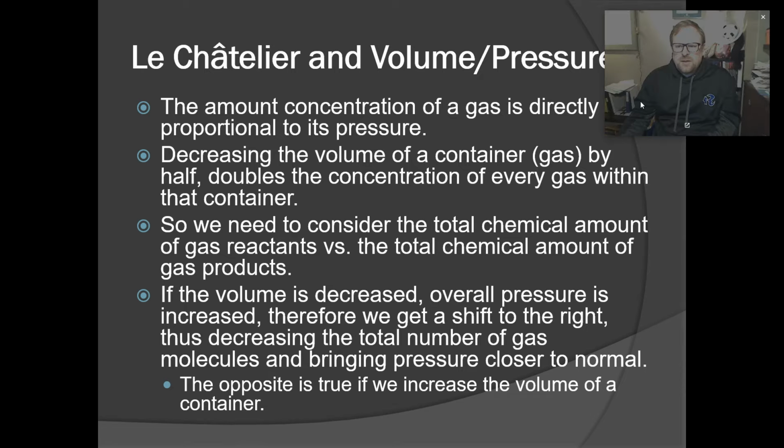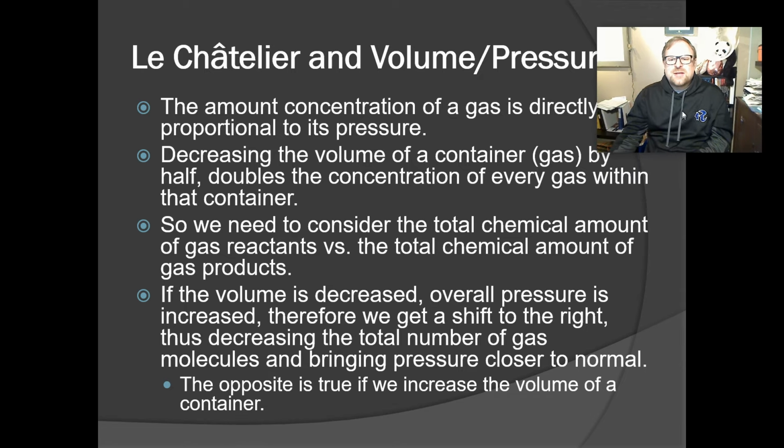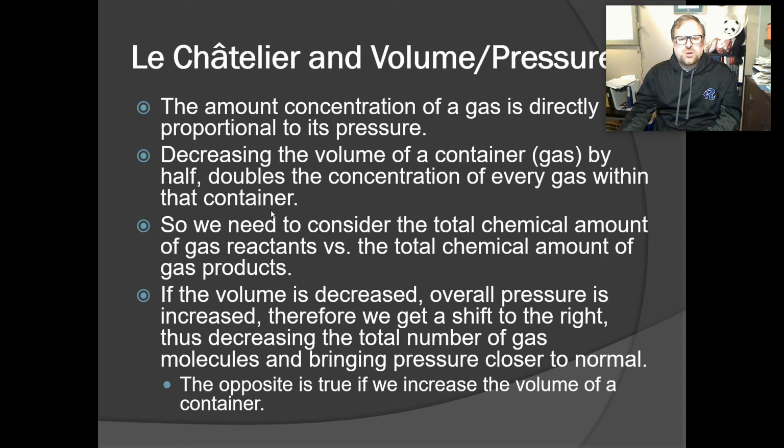So the concentration of a gas we know is directly proportional to its pressure. Decreasing the volume of a container of gas by half, we know, doubles the concentration, but it also doubles the pressure in the container. So we need to consider the total chemical amount of gas reactants versus the total chemical amount of gas products. So we are going to be looking at chemical amount, or number of moles.